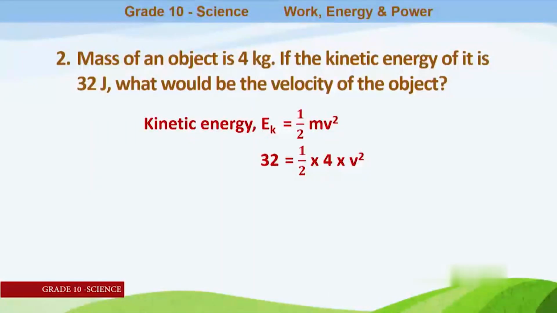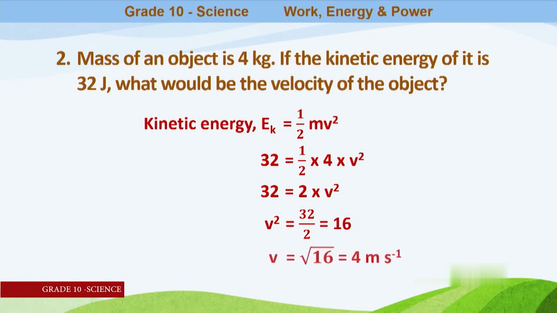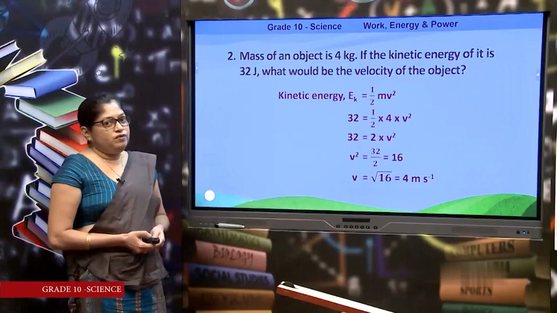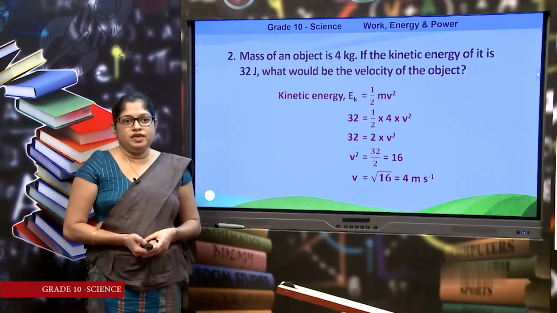You know the kinetic energy, so you put it there, then half, and the mass you know, so you write 4 there, into v squared. Then you will get 32 equals 2 into v squared. V squared equals 32 divided by 2, and you get 16. So, to get the velocity, you have to get the square root of 16, that is 4 meters per second. So, the velocity of the object is 4 meters per second.